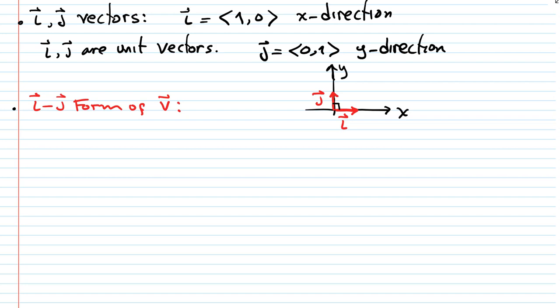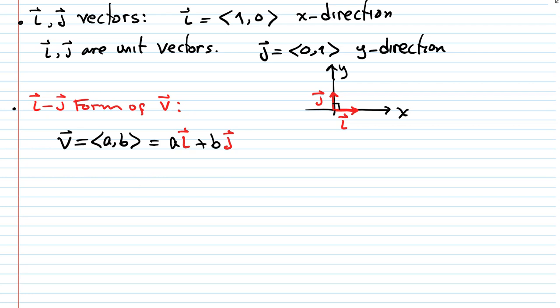Every vector could be written in algebraic form, which is the component form, right? ⟨a, b⟩. And it also can be written as ai plus bj using those unit vectors. And this is commonly called the ij form. Engineers tend to use this form quite often.